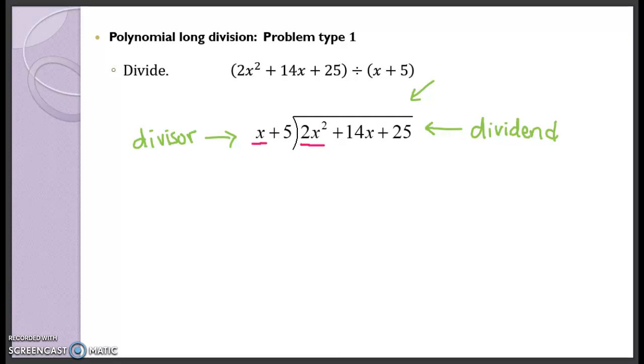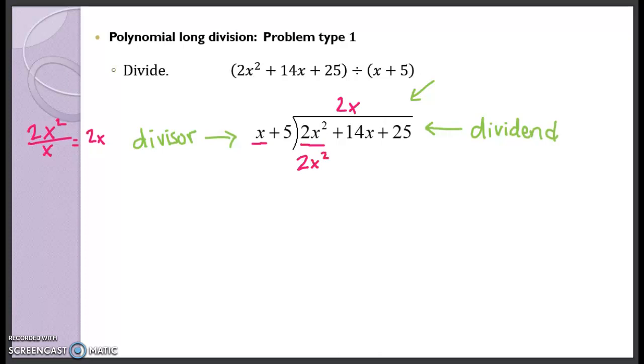Or if I were to take 2x squared and divide it by x, I would get out what? 2x. Now, I do this because 2x times x is 2x squared.